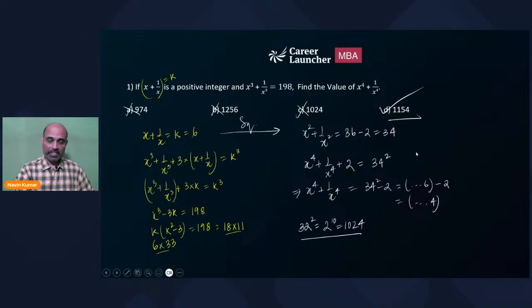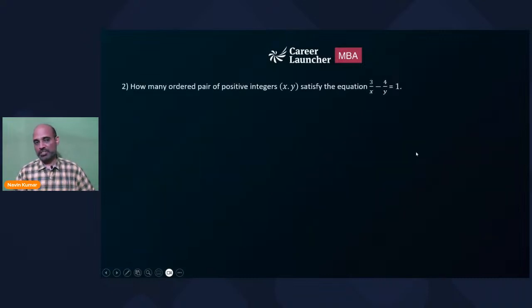Great. Okay. Next question. How many ordered pairs of positive integers x, y satisfy the equation? So we need positive integers, that is natural numbers, and we need ordered pairs.